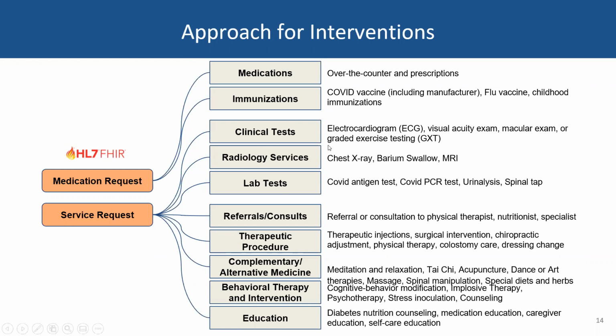For service requests, there are a bucket of diagnostic procedures and tests. So there are clinical tests, radiology services, lab tests. And then in terms of more treatment focused things, referrals and consults, therapeutic procedures, complementary and alternative medicine, behavioral therapy and interventions, and then education, both for the patient as well as the caregiver.